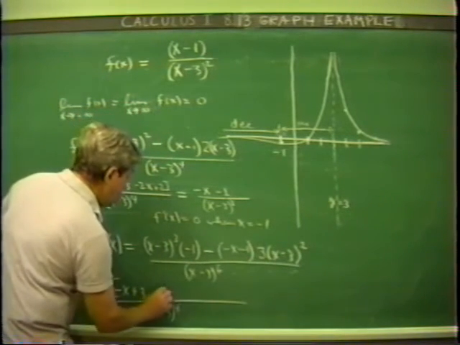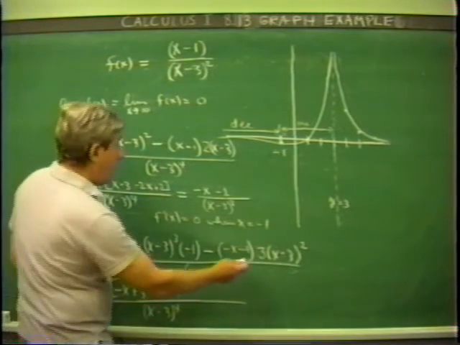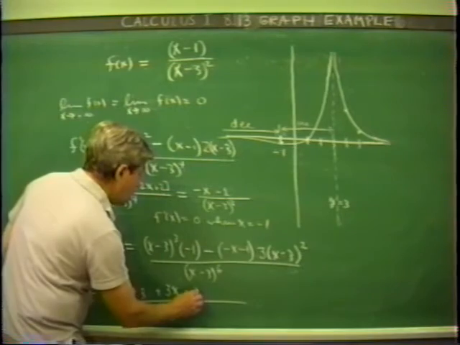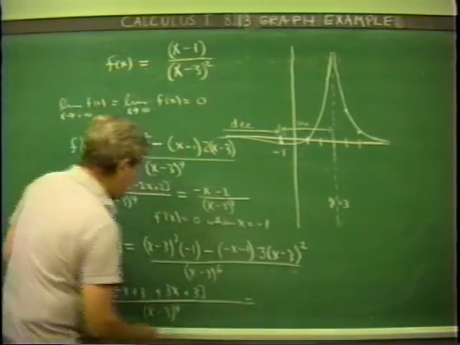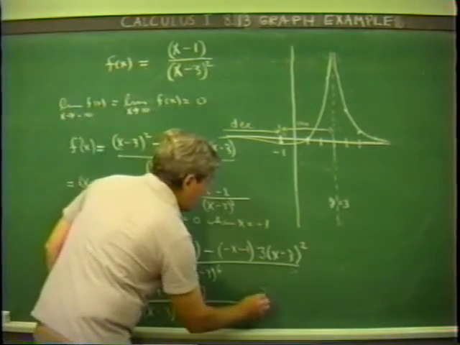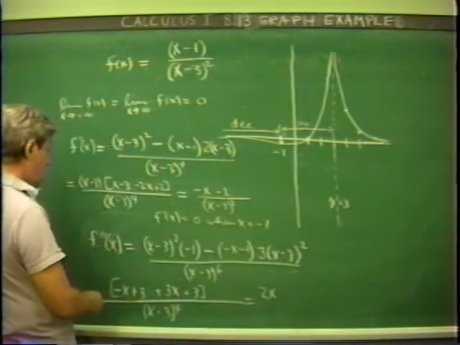And then the x minus 3 squared is divided out so that I've got minus 3 times minus x, so plus 3x. And I have minus a minus 3, so this is plus 3.